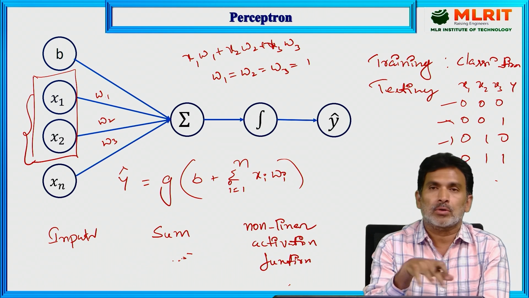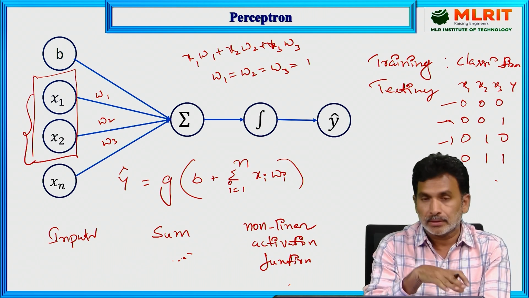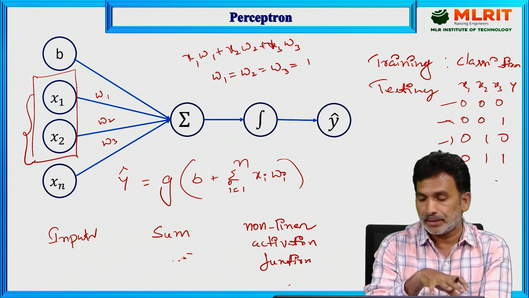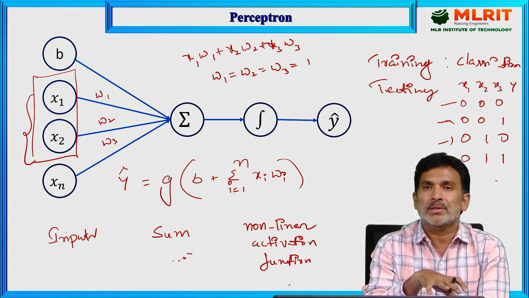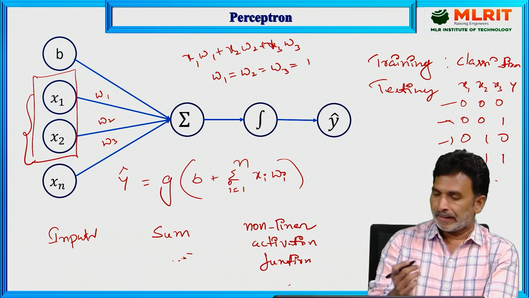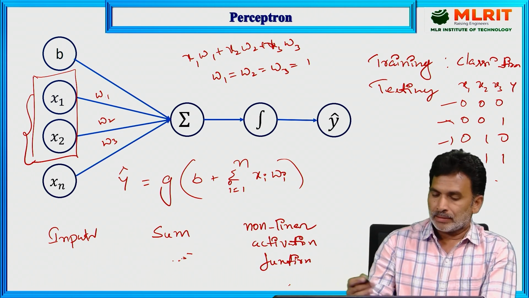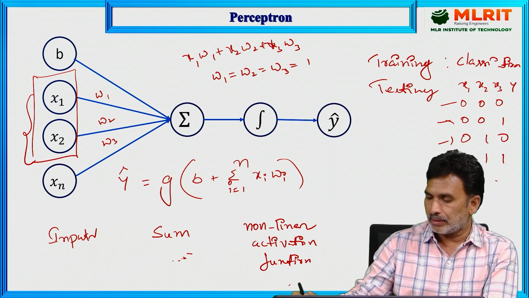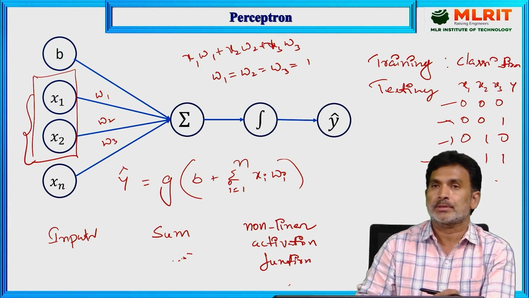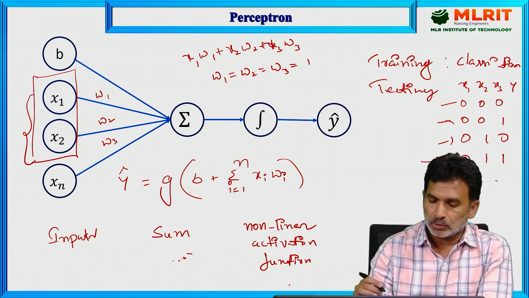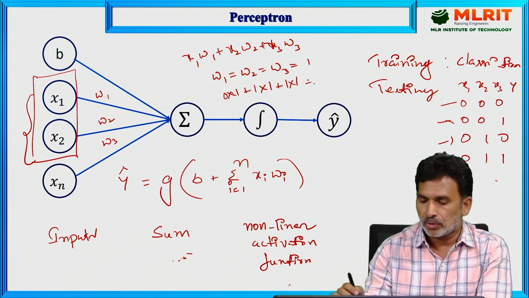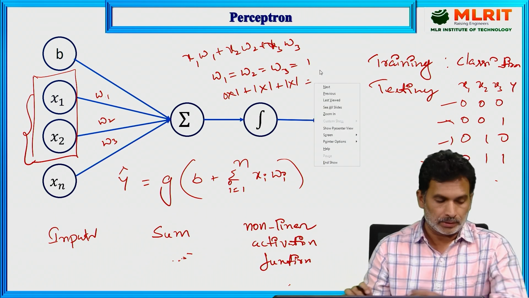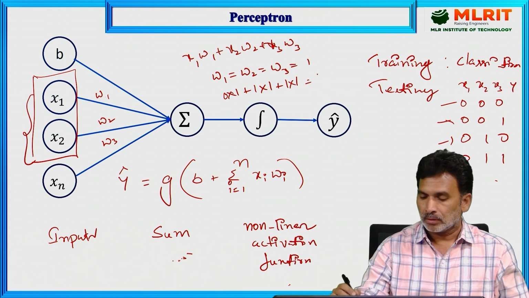Why we take constant or equal weights, and why we take biases, you will understand later. We are not going into detail because it is a very basic example to understand the perceptron. If you take the instance 0 1 1, that means 0 times 1 plus 1 times 1 plus 1 times 1, so it is equal to 2.